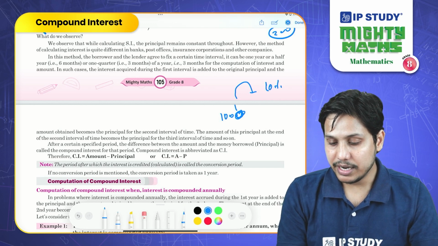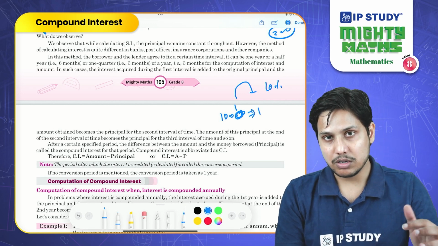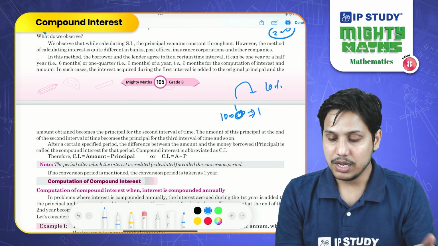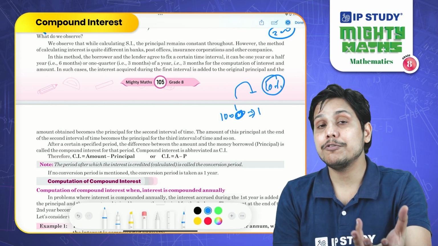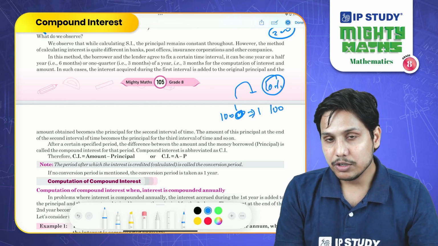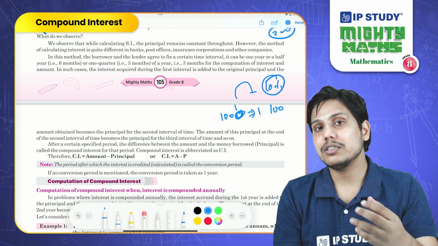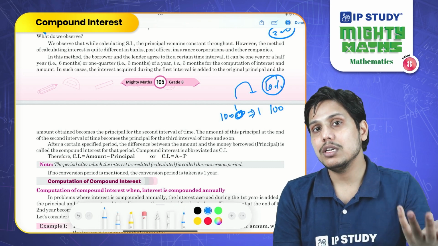So what will happen is, after 1 year, the bank will give 10% of the principal, the percentage of rate that was given. So 10% of 1000 is 100 rupees.